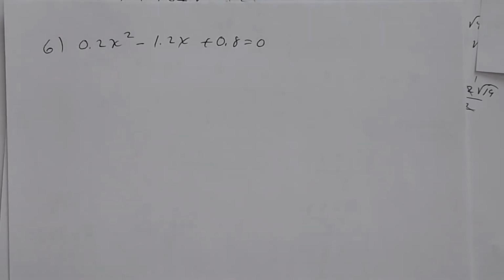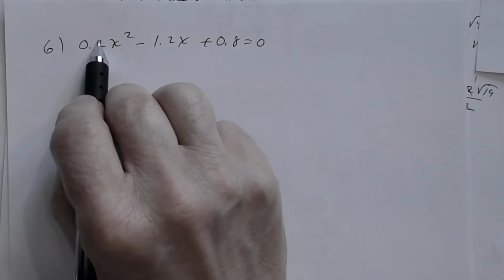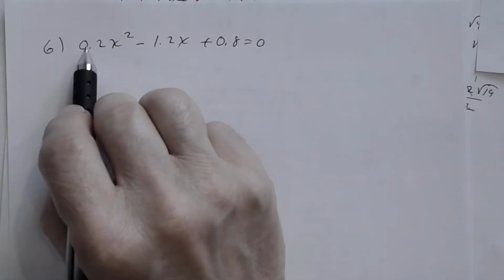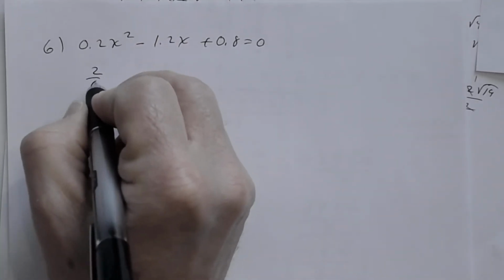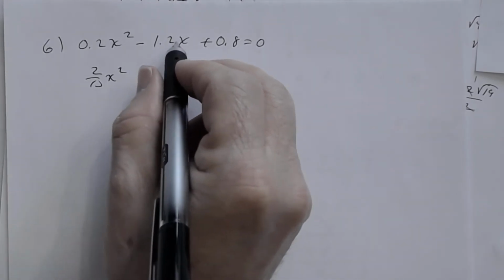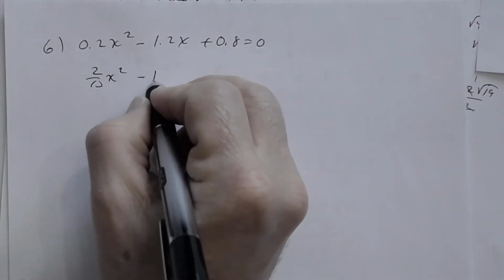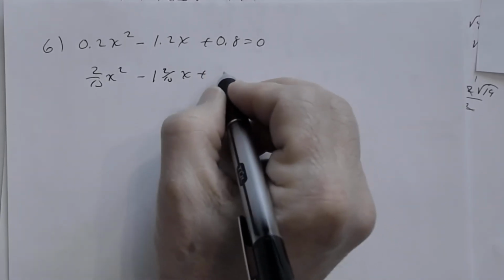Now, one way to do that is, when I read this, I read this as 2/10. Y'all agree? All right. When I read this, y'all agree that's -1 and 2/10? Y'all agree? Plus, and y'all agree that's 8/10?